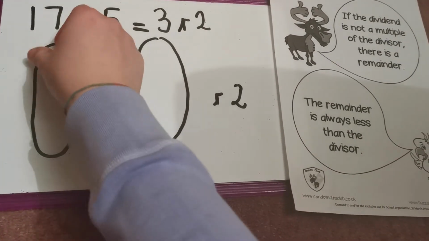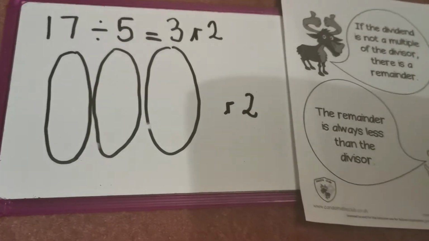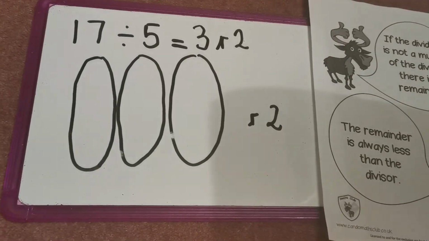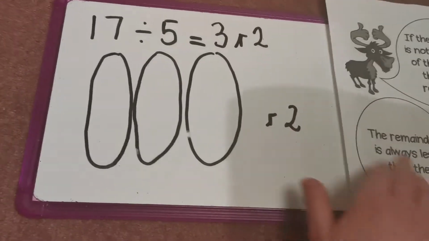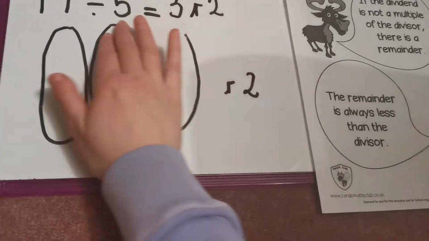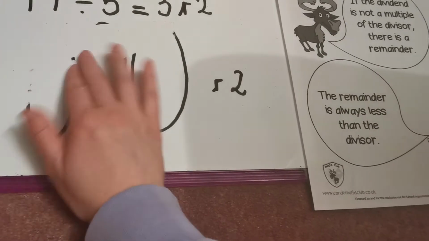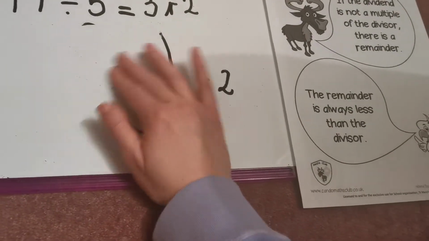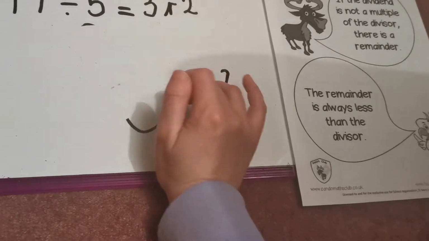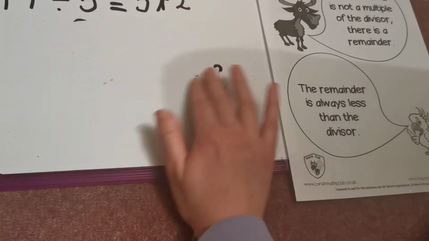But if I then had 17 divided by 5, that means if I know that 15 divided by 5 is 3, then I know there'll be 2 left over, just like we had a remainder of 2, because they won't fit into a group.